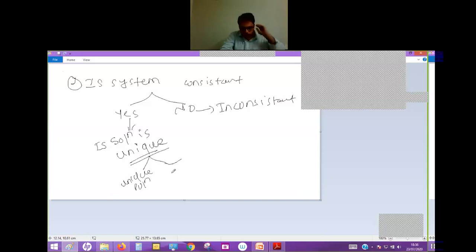Unique means one solution, so it is having more than one solution. In this case, we say that it is having infinitely many solutions. Are you getting this point now?